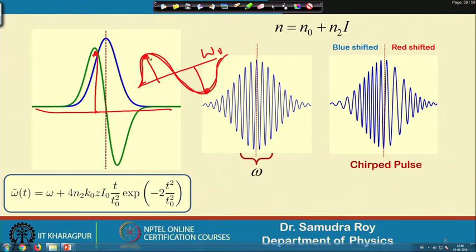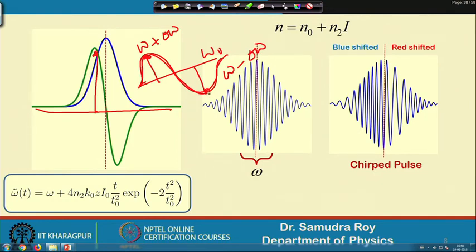So there should be some value for which we have the maximum change of frequency, omega plus delta omega, and there is also a maximum deviation or maximum reduction of the intensity at this particular point.